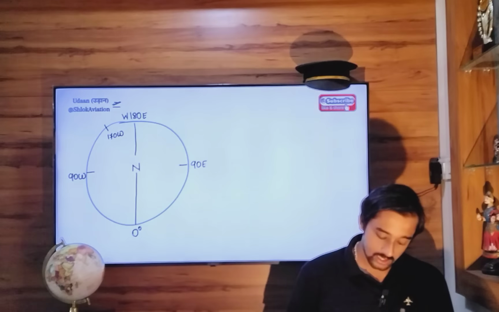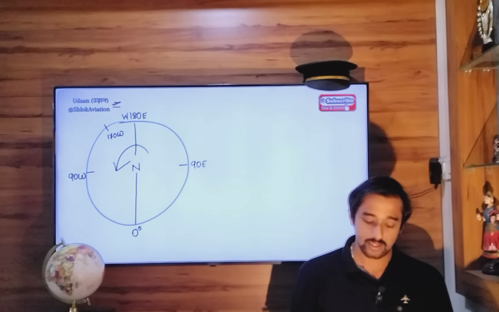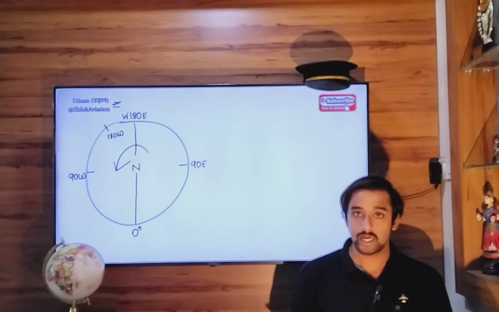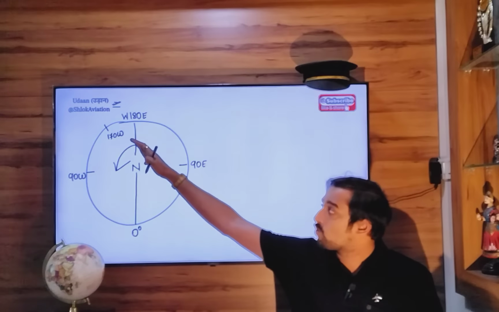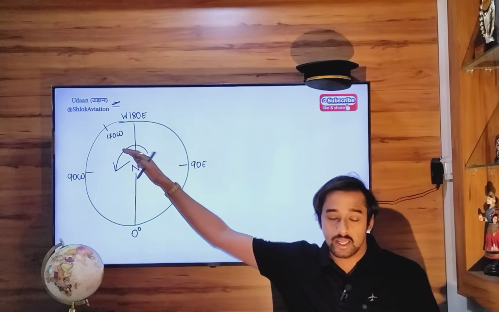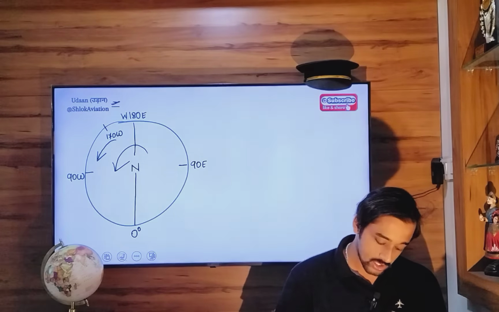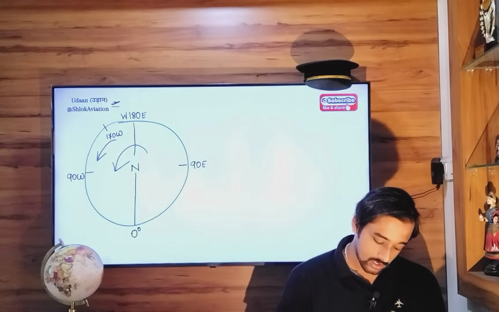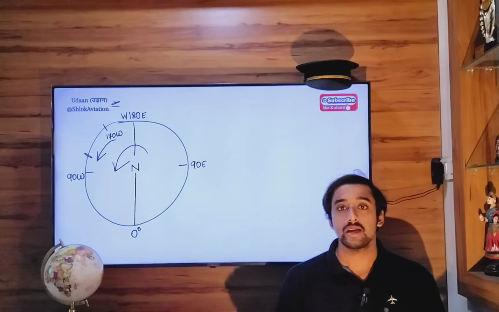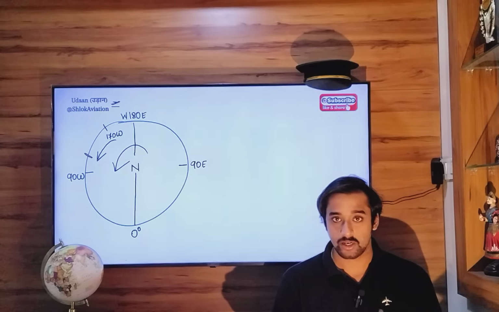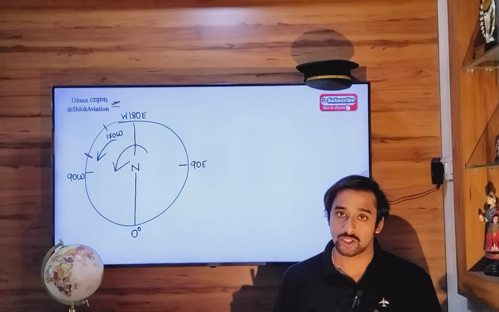Now easterly directions are always anti-clockwise directions. So when you begin from 170 west and you travel easterly, you will be traveling anti-clockwise. So the new longitude will be somewhere to the east of 170 west longitude, meaning the new longitude will be less than 170 degrees west longitude.